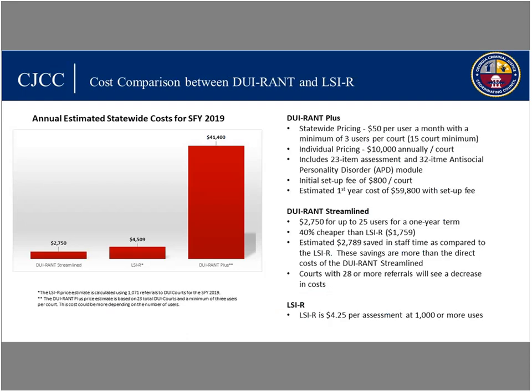But there is an increase of additional savings of $2,700 if you take into consideration staff time, which totals about $4,500 of savings by switching from the LSIR to the DUI RANT. A lot of people don't see $5,000 in a $1 million budget as very important, but specifically with the budget shortfalls right now, any little bit helps when you're working on your budgets.